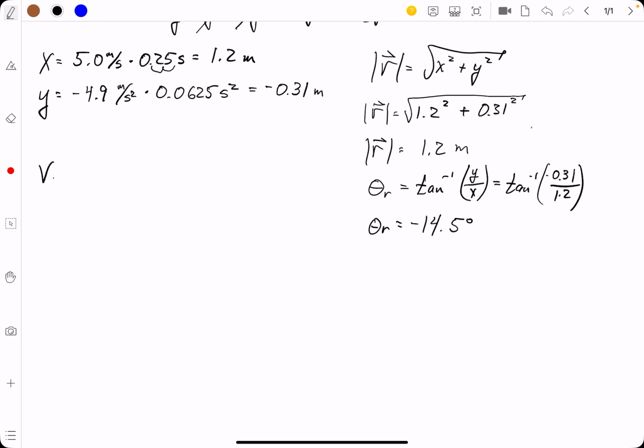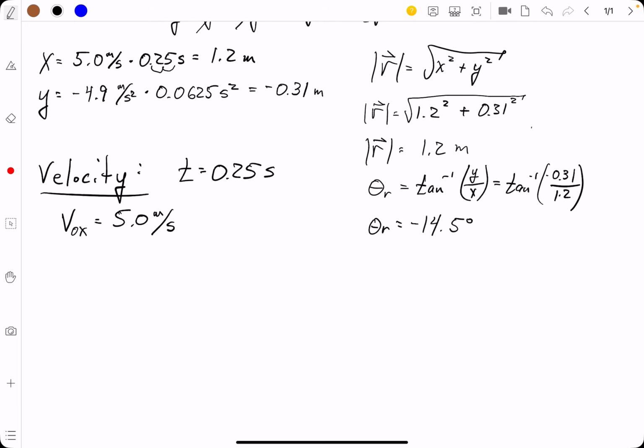Okay, what about our velocities? Let's handle our velocity. Let's remind ourselves that v naught x is equal to 5.0 meters per second. And we can go to Vy. V naught y is equal to 0 meters per second, and because v naught y is 0, we're going to just go straight to Vy is equal to minus gt.